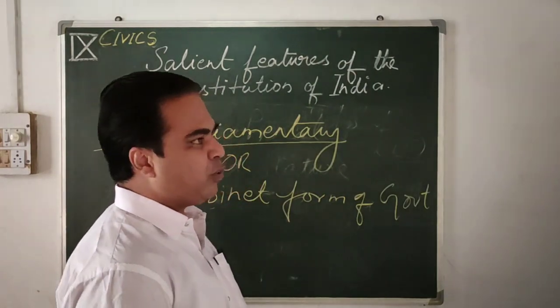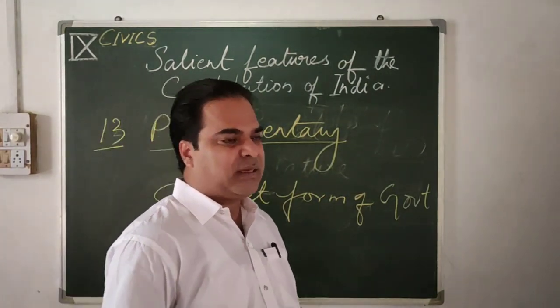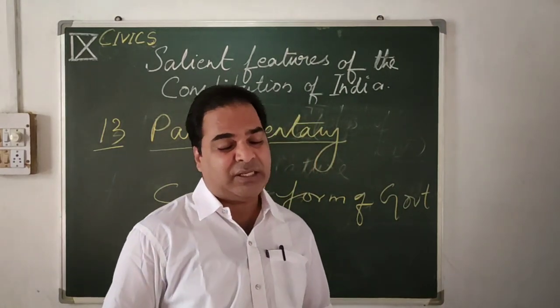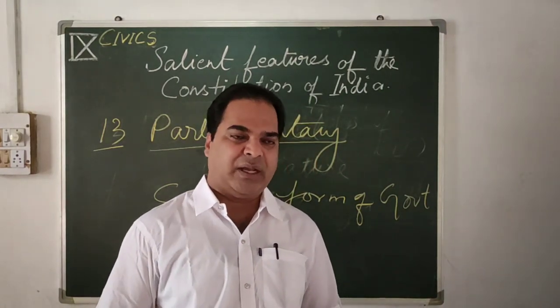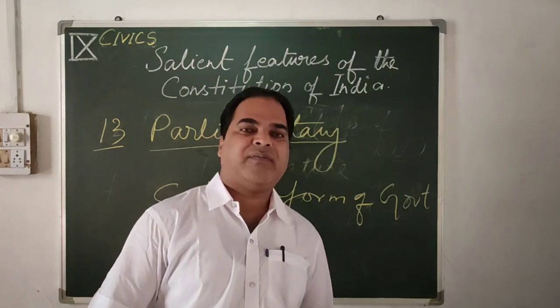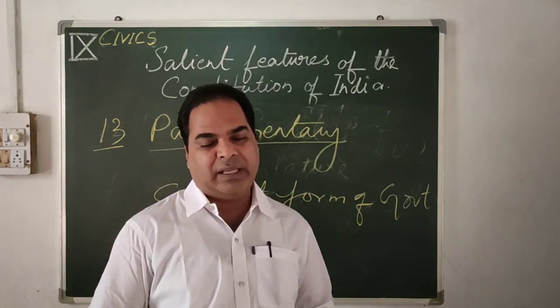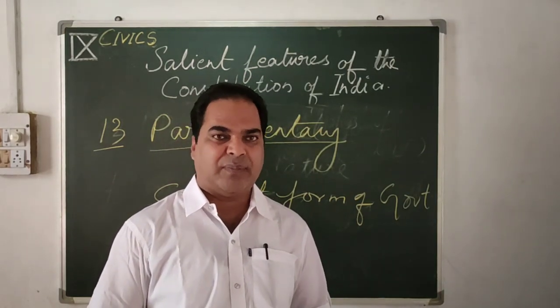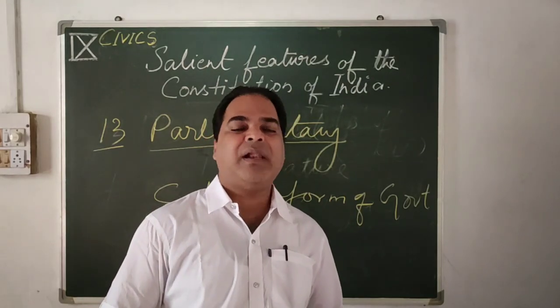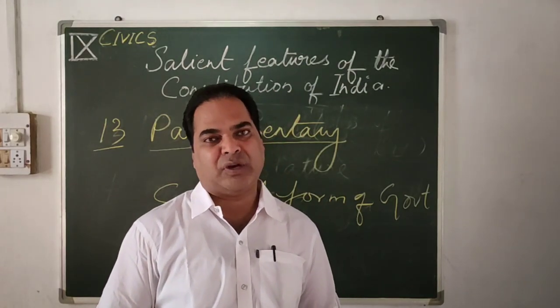And in general election, whoever has a majority of seats in the Lok Sabha, they form the government, and the head of the winning party is chosen as the Prime Minister of the country, who has been given the real powers to run the administration of our country.